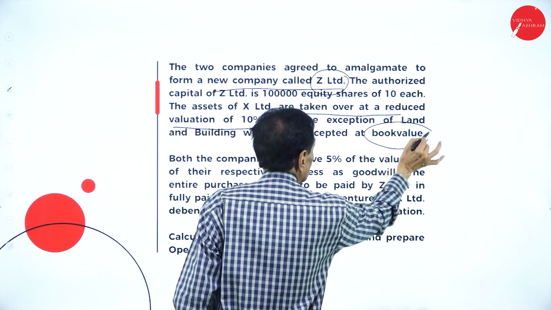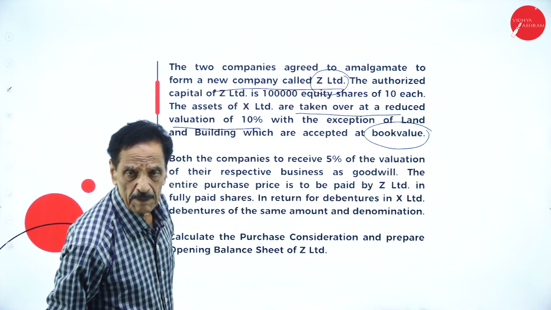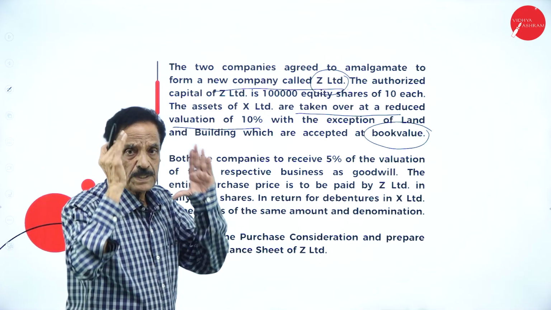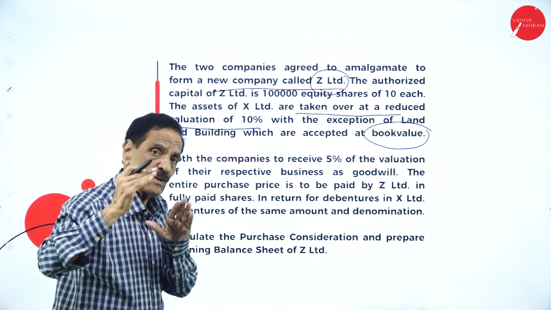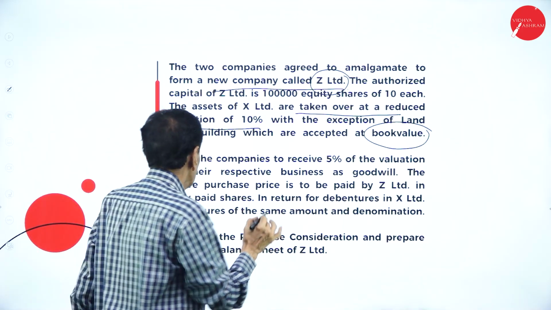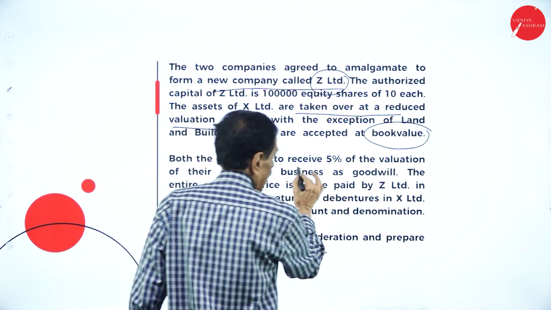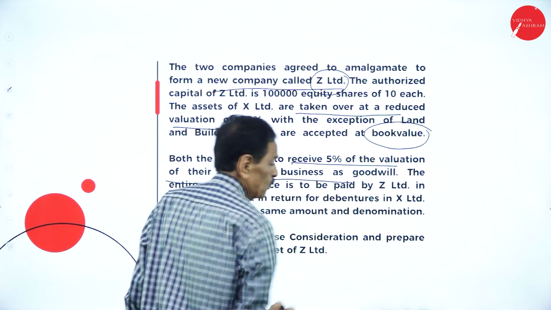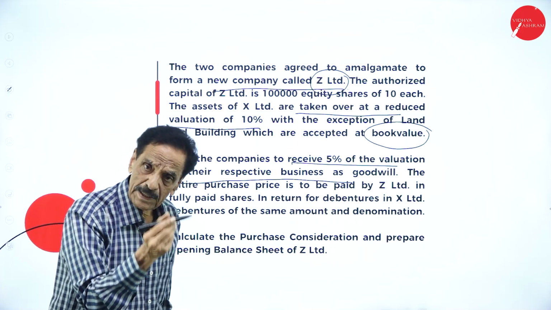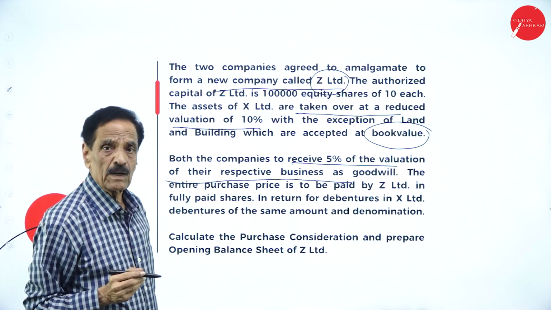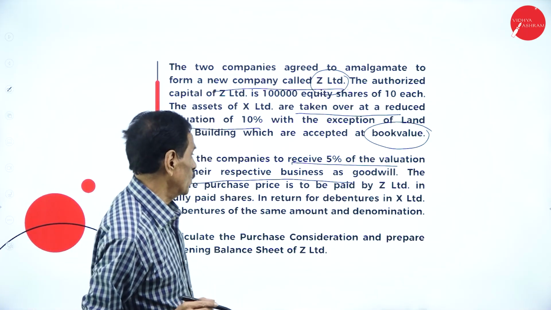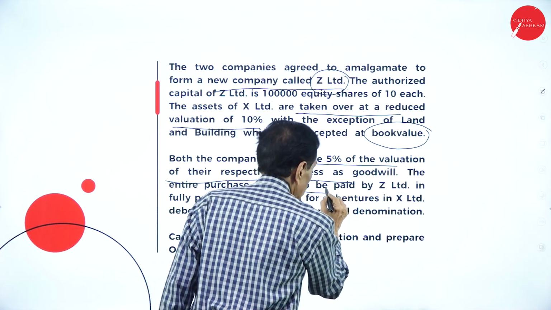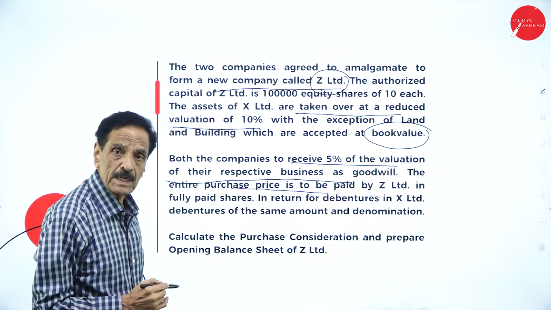This is the sentence. So they are taking all the assets and liabilities. Assets are taken over, except building which is taken at the same value. Other assets are taken over at 10% less. Both the companies receive 5% of the valuation of their respective business as goodwill. So on the total assets taken, they are going to pay 5% as goodwill. The entire purchase price, whatever amount they are going to pay, is called the purchase consideration.